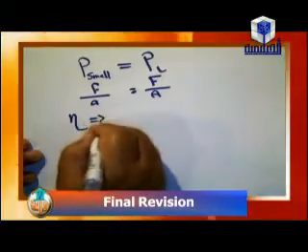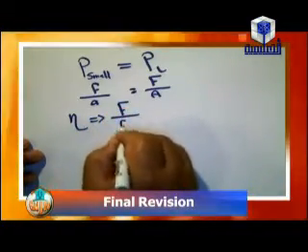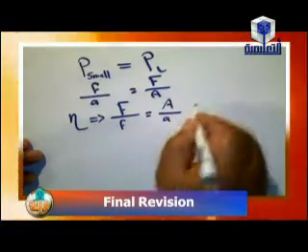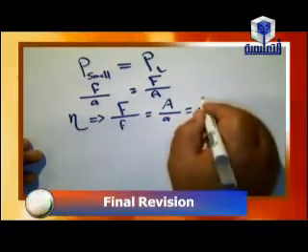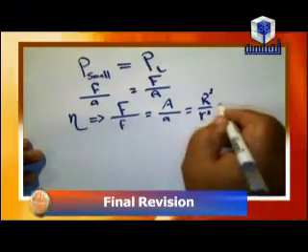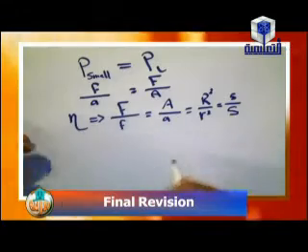Mechanical advantage is the ratio between the force acting on the large piston to the force acting on the small piston, or the area of the large piston to the area of the small piston, or the radius squared of the large piston to the radius squared of the small piston, or the distance moved by the small piston to the distance moved by the large piston.